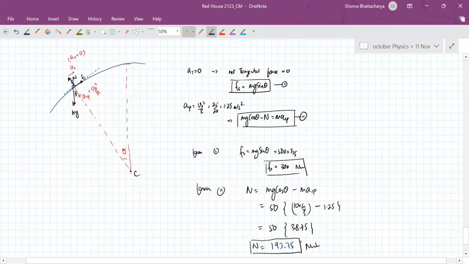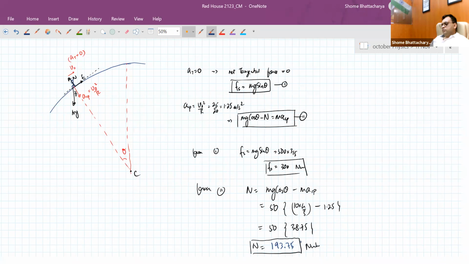So that is 10 into 4 by 5 minus 1.25, right? g cos theta minus centripetal acceleration, with m taken common. Yes. Cos 37 is 4 by 5. Oh, I made a calculation mistake.